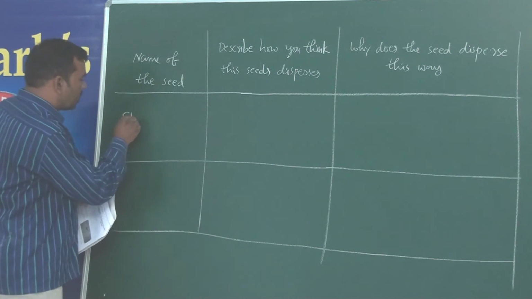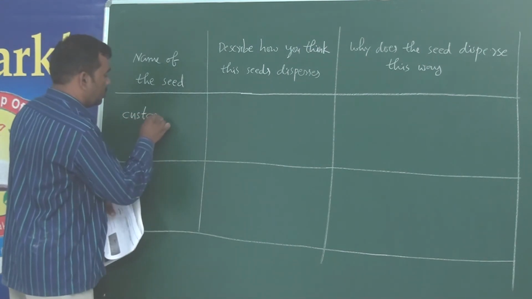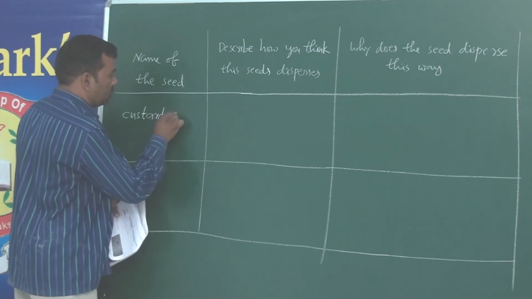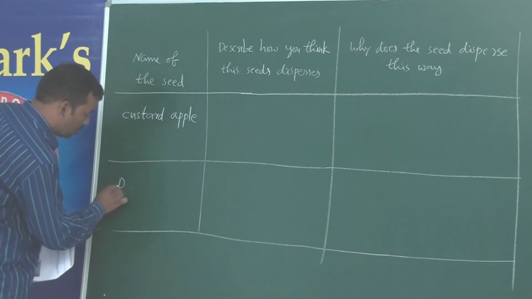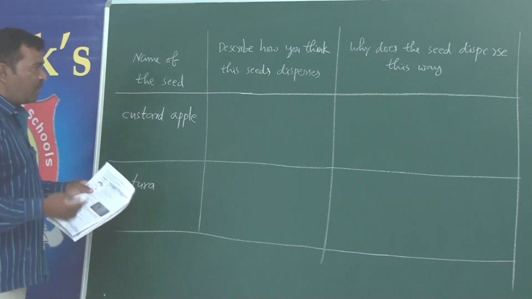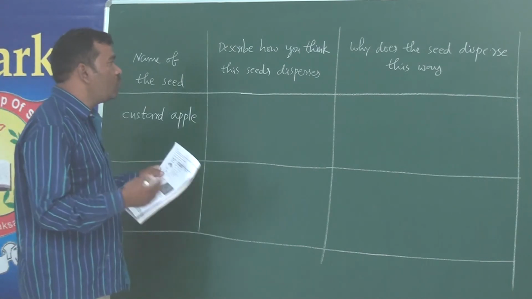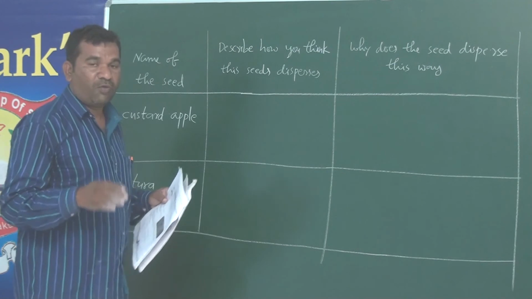So here you are given custard apple and datura. Okay. First we need to find out how do they get dispersed. Describe how you think these seeds disperse. What is the agent?